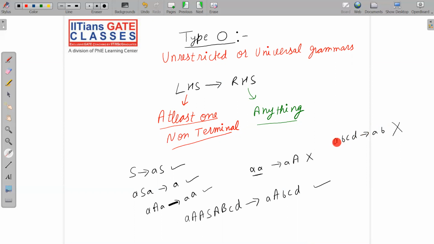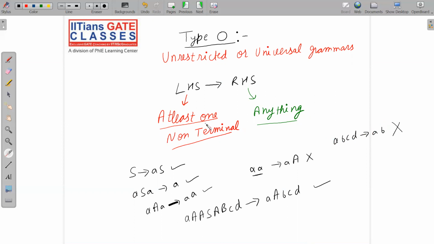Here, directly or indirectly, I am saying that these 4 terminals are producing these 2 terminals. This is never possible because terminals are the fundamental or basic symbols, or you can say these are atomic in nature. They cannot be further subdivided and they cannot produce anything. But here only terminals are producing something. This is not allowed. So this is not type 0.